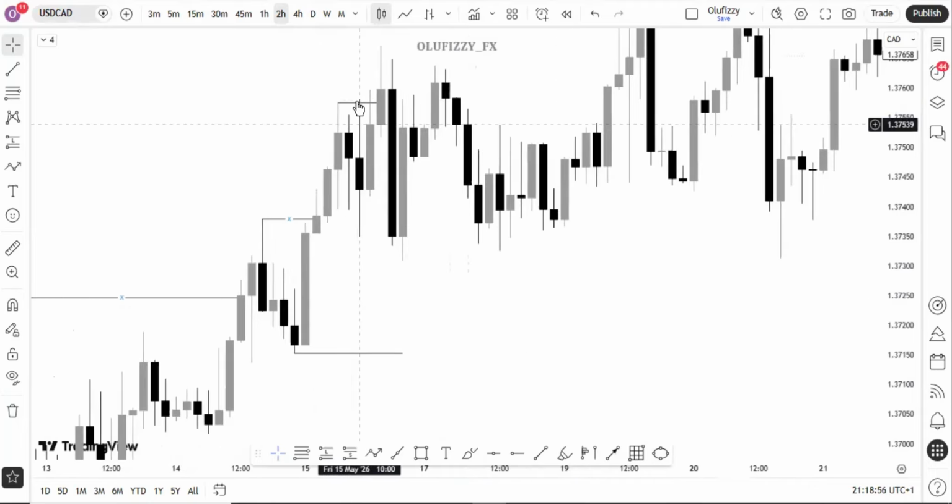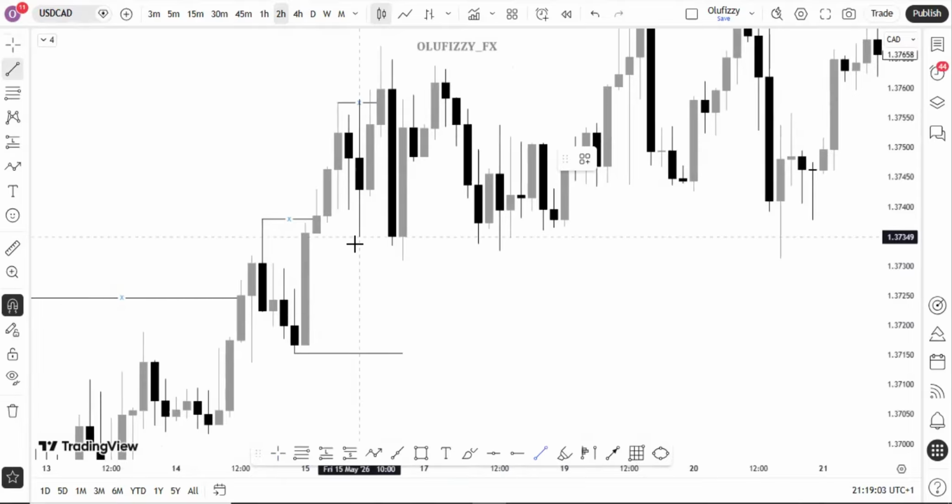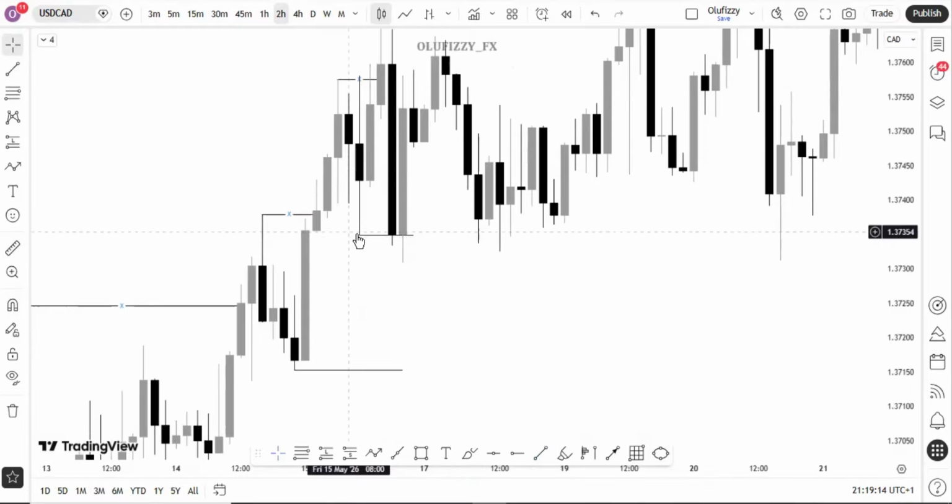So let's check. According to what we are saying, you see that after price creates this low here, price comes back. Can you see that the body doesn't close below this swing low here? Which means we don't have a clear break, market structure shift.